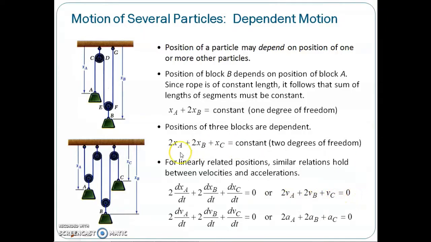If we differentiate again, from the velocity equation, we will have the acceleration equation: 2aA plus 2aB plus aC equal to 0. From these relationships, we can determine the dependent motions of the particles, particularly on a pulley system as shown in the figure here.